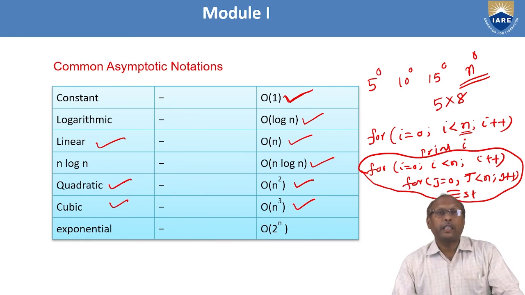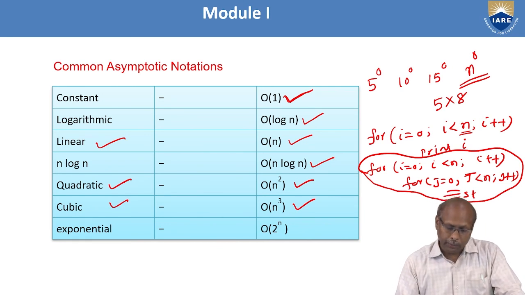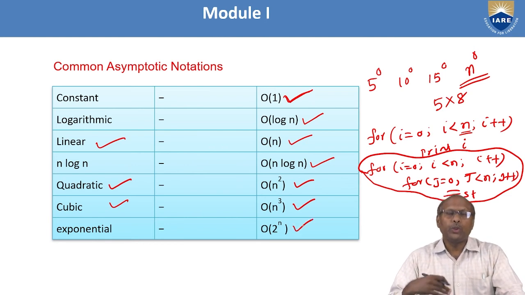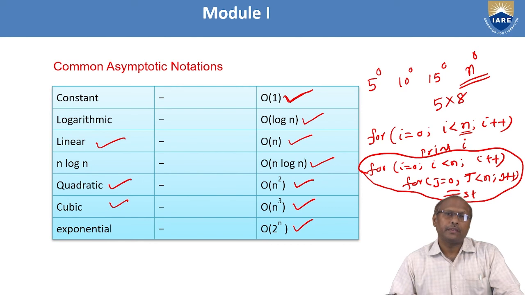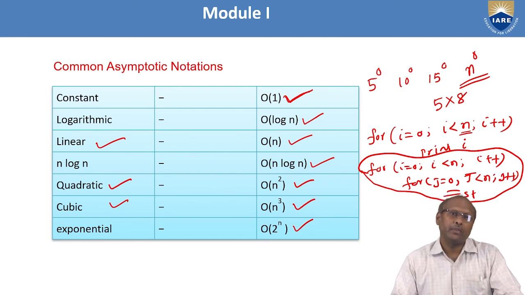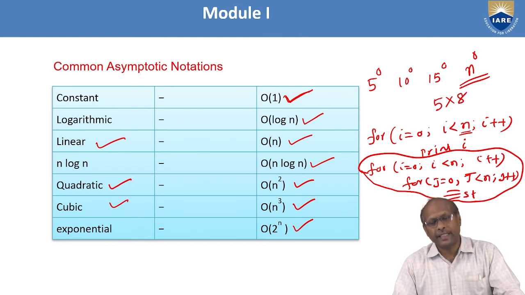Sometimes it is even exponential. If it is exponential, it is 2 to the power n. That means 2 into 2 into 2, n number of times. That means 2 to the power n. So in that case, it is the exponential case.